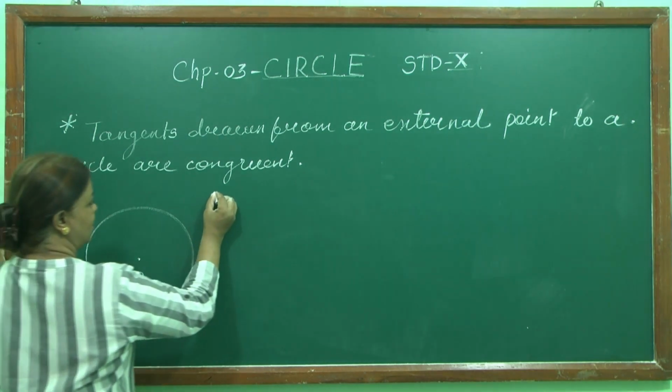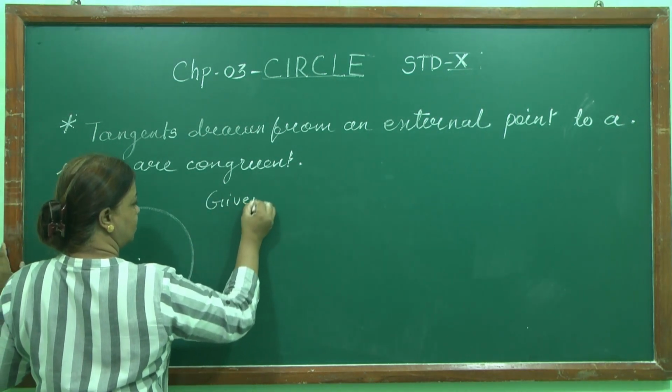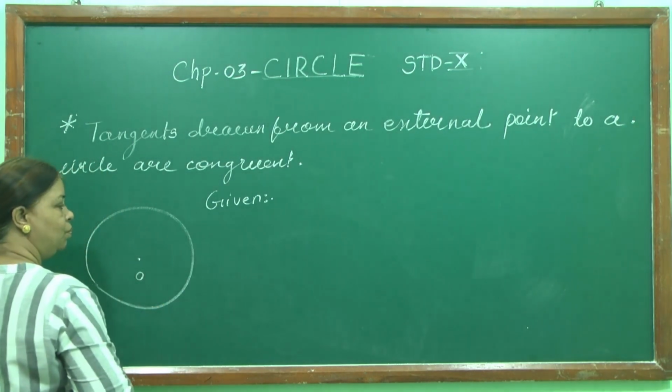So, what is given? And what we want to prove?